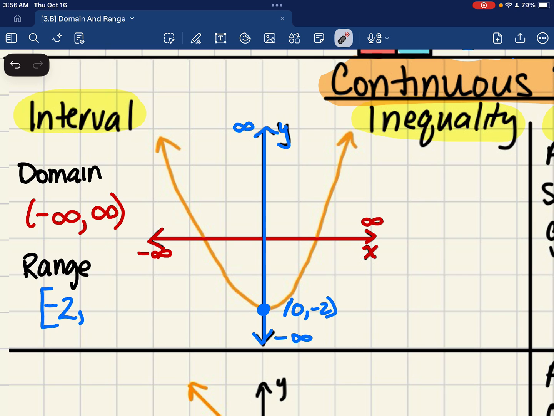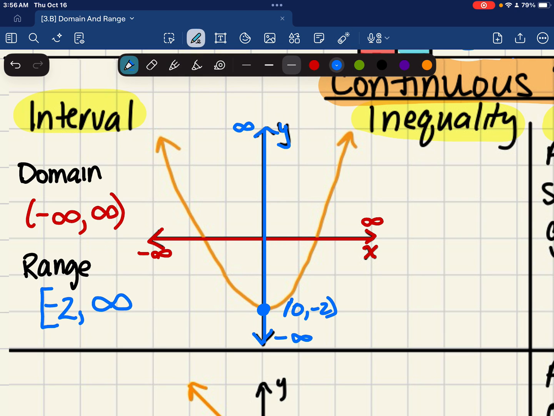Just know right now for us, square bracket for number, parenthesis for infinity. Okay, so this went down low to -2. So now up high, these things are going up for forever. So the way that you say up for forever is positive infinity. So infinities get the parenthesis. So there's our interval notation.